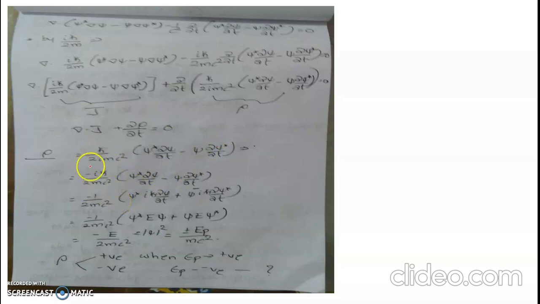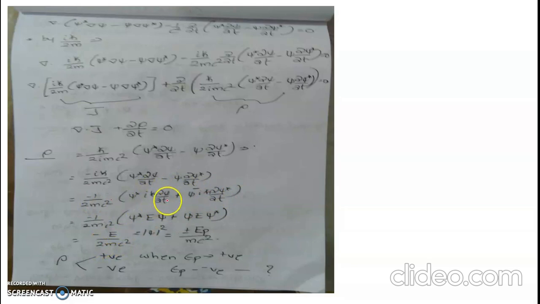Before that, we take i to the numerator: minus iħ by 2mc² into this bracket, that is minus 1 by 2mc² into, taking iħ into the bracket, ψ* iħ ∂ψ/∂t, minus is already there outside, minus ψ minus iħ ∂ψ*/∂t.